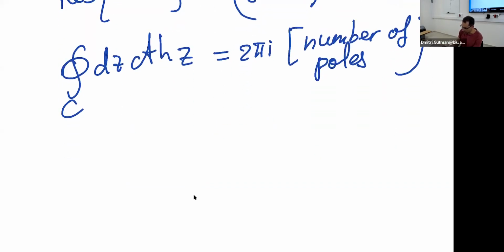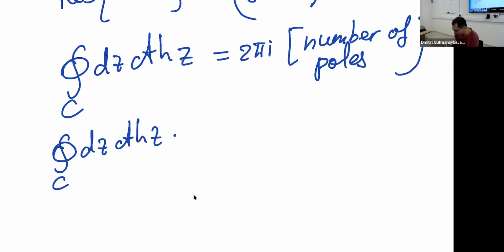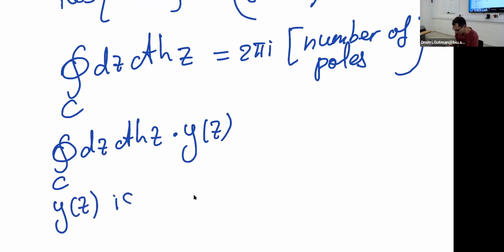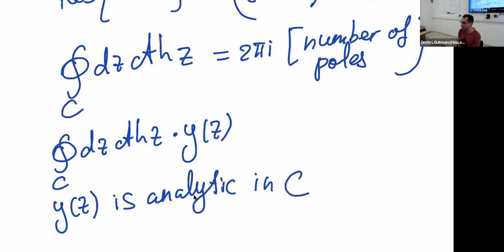Imagine now you repeat the same exercise, but this time you compute an integral over C of cotangent z times some function called y of z, and we know that function y of z is analytic in C, has no poles whatsoever.